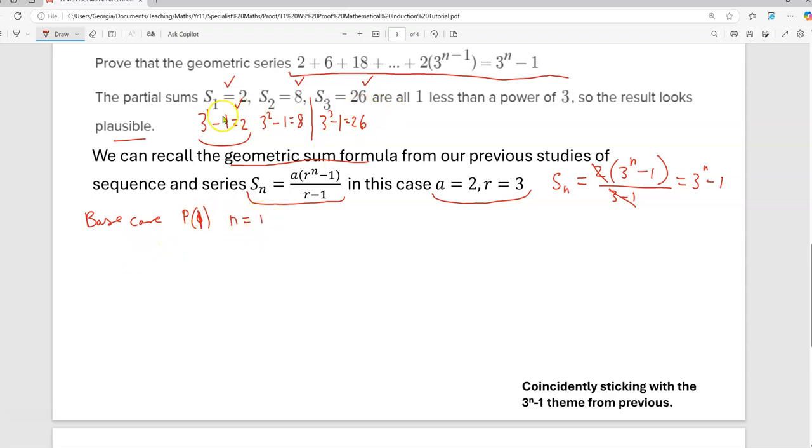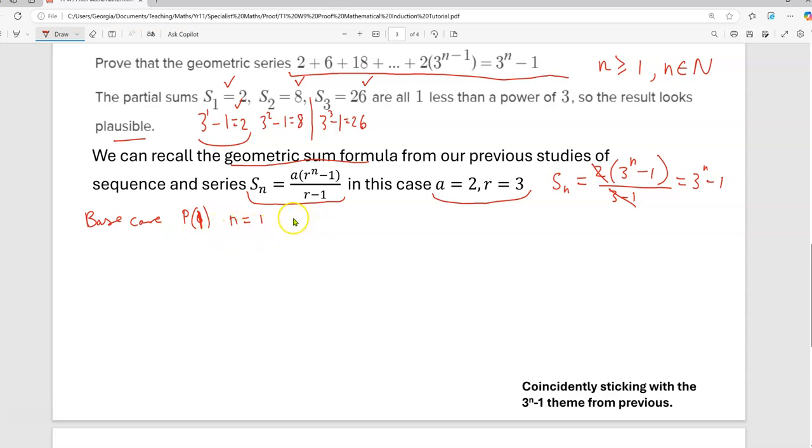That's the smallest term here, because this geometric series is only applying for n greater than or equal to 1, where n is a natural number. It's pretty much our implication for this geometric series. So the base case, n is equal to 1.